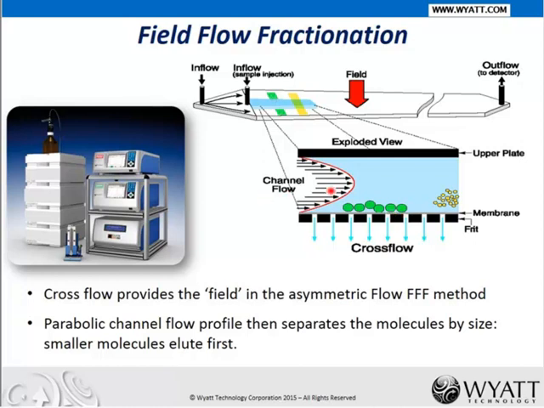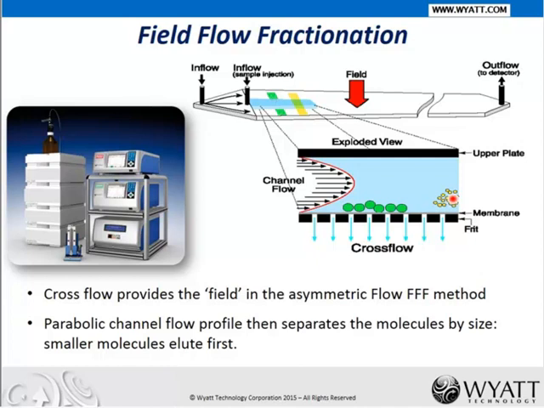Along the channel, we have another flow. It's called channel flow. Channel flow will have the parabolic or laminar flow profile, which means we have a flow velocity gradient perpendicular in the vertical direction of the channel. The small molecules or particles, they're more away from the wall into the higher flow velocity region.